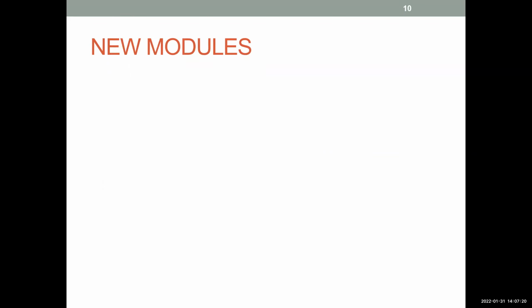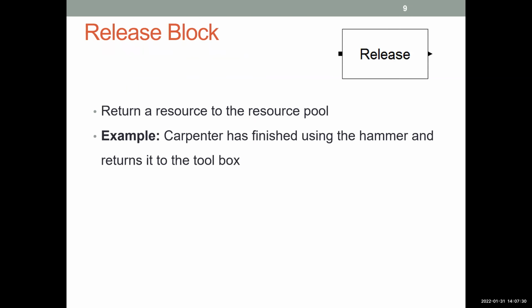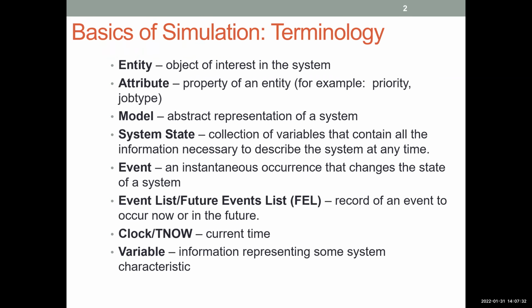So what are the new modules for today? We are going to look at attributes for the first time. If you remember from our initial discussion, in the terminology an attribute is a property of an entity.